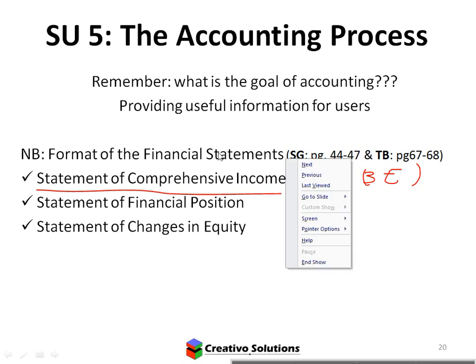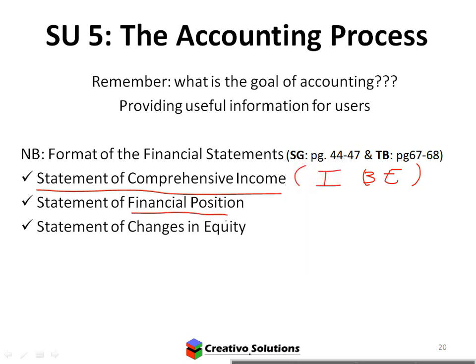Statement of financial position. We spoke about financial position previous time. How do I determine someone's financial position? What am I going to look at? The assets and the liabilities. Do you agree? If someone has a lot of assets but just as much liabilities, good or bad position?